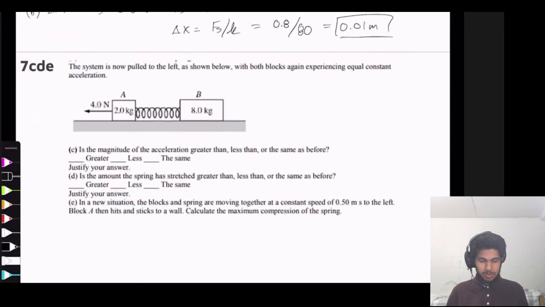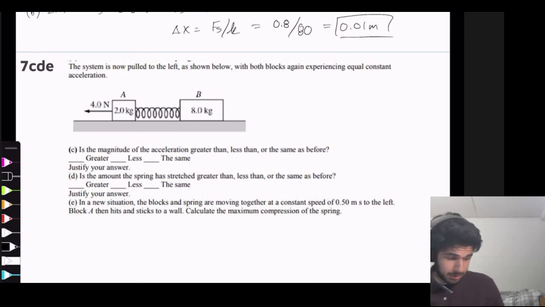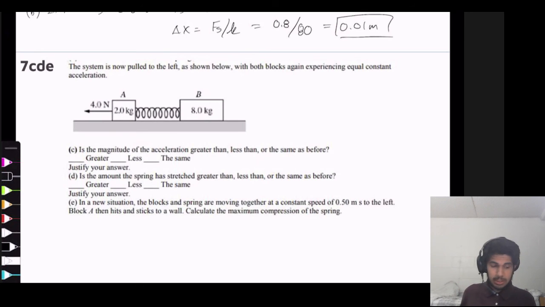Then we get into this situation here, and we'll do this, I guess, qualitatively. I won't write everything else out. Okay, so the system is now pulled to the left as shown below, with both blocks again experiencing equal constant acceleration. Is the magnitude of the acceleration greater than, less than, or the same as before?